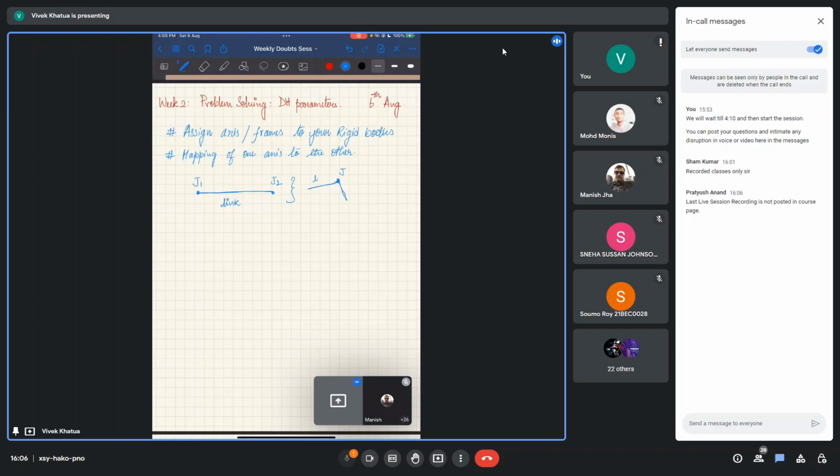Let me take L1, L2. Now what we are interested in is kinematics, which essentially means capturing frames or motion.